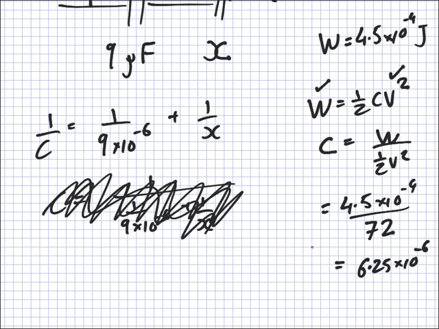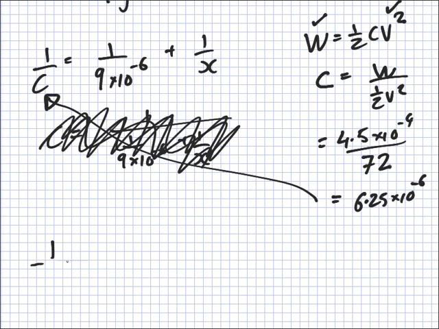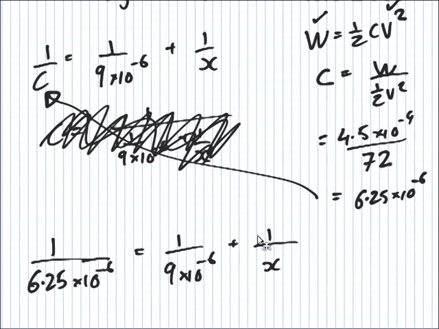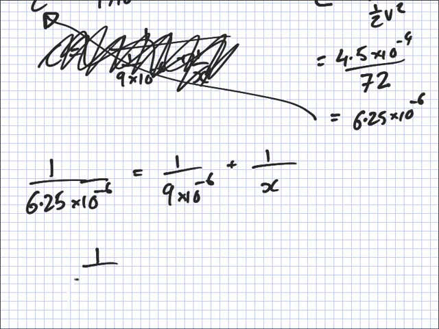Good. So now that you know the C, you could put that back in there. So now you have 1 over 6.25 times 10 to the minus 6 equals 1 over 9 times 10 to the minus 6 plus 1 over X. So you could work out the X. You could do 1 over 6.25 times 10 to the minus 6 minus 1 over 9 times 10 to the minus 6.